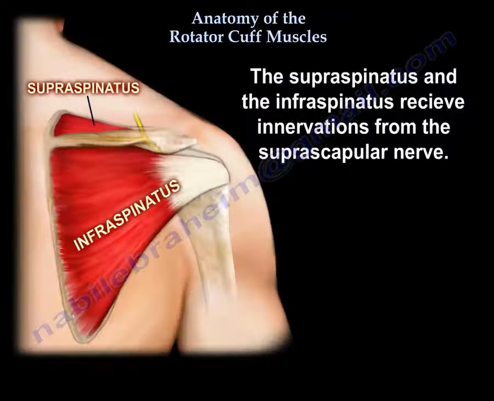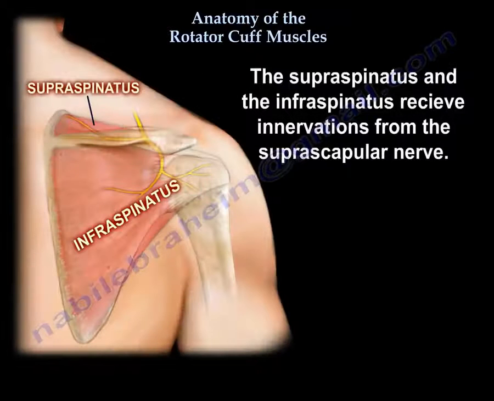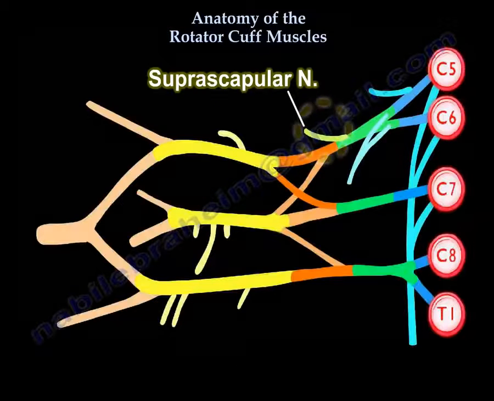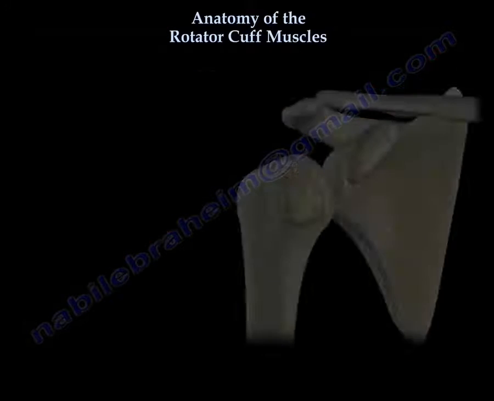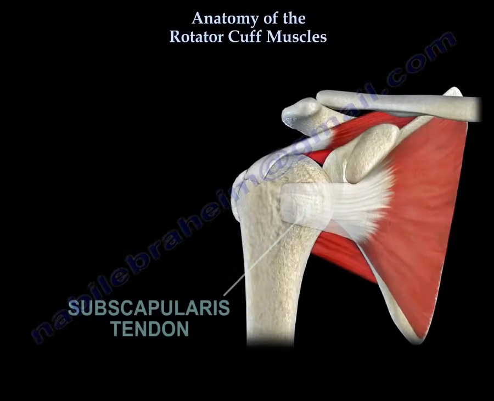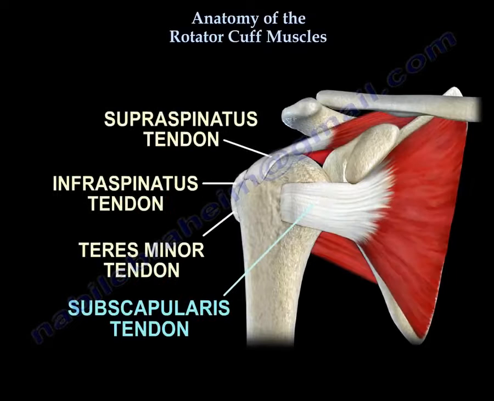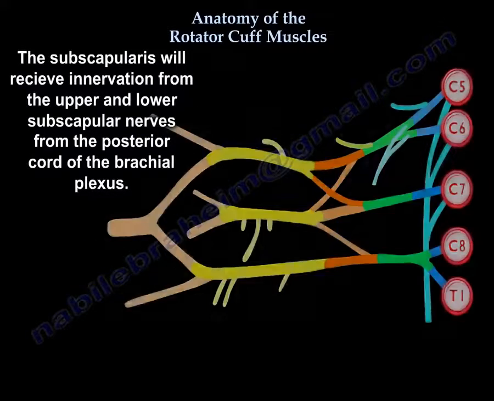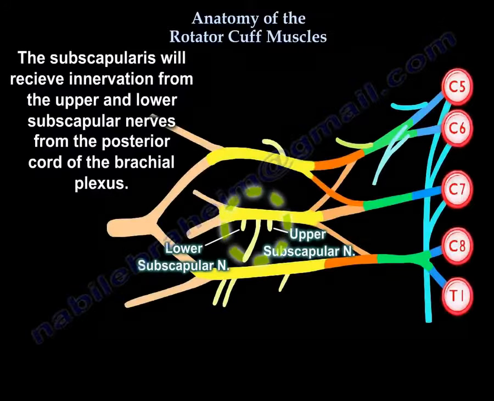If you look at the diagram of the brachial plexus, you will find that the supraspinatus and the infraspinatus get innervation from the suprascapular nerve, and here is the suprascapular nerve. The subscapularis will get innervation from the upper and lower subscapular nerve from the posterior cord of the brachial plexus.